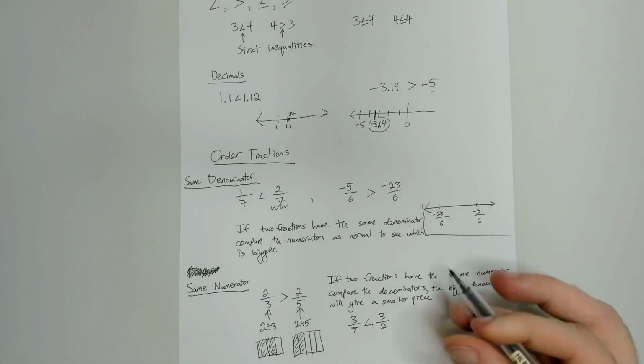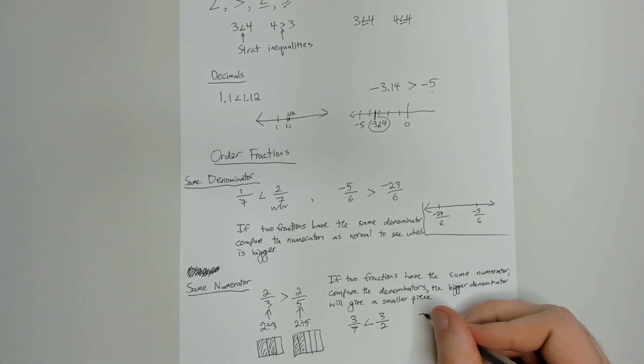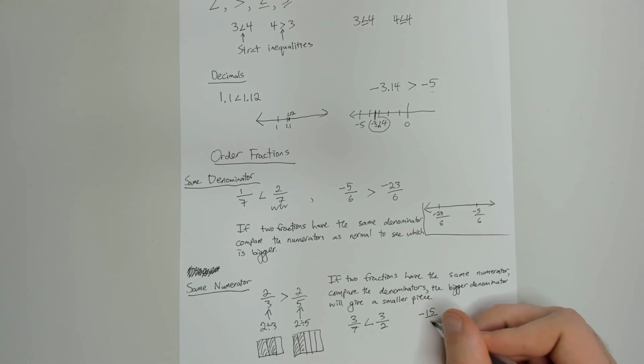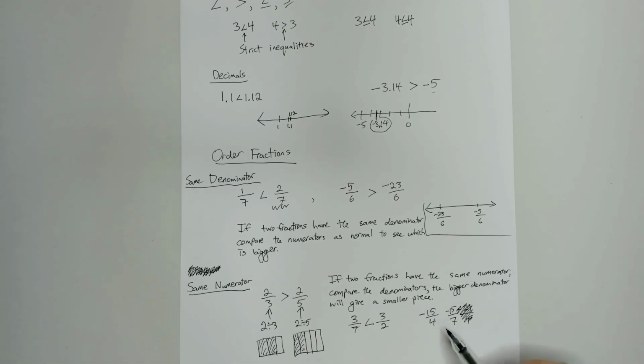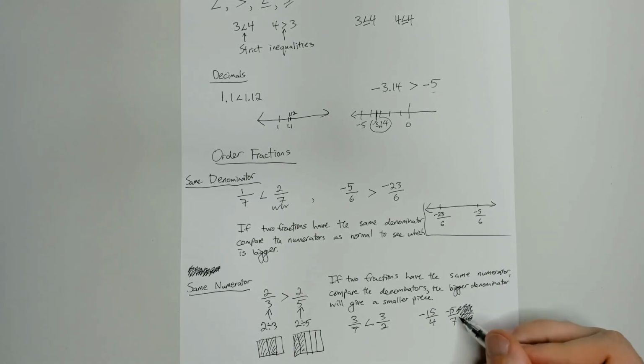And if we were looking at negatives, say negative 15 over 4 versus negative 15 over 7, same numerator, but we see that this 4 is smaller, right? So this is going to be a larger value overall, because we're splitting it into fewer pieces. We're only splitting this negative 15 into 4 pieces versus 7 pieces.